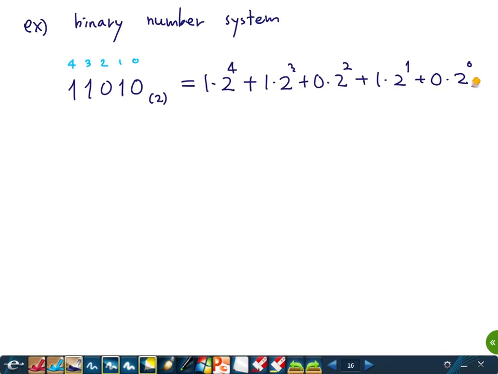All right? Now if you want, you can change this into the usual decimal expression: 16 plus 8 plus 0 plus 2, so it's 26. The 26 in base 10 decimal expression can be written as a binary expression like this.